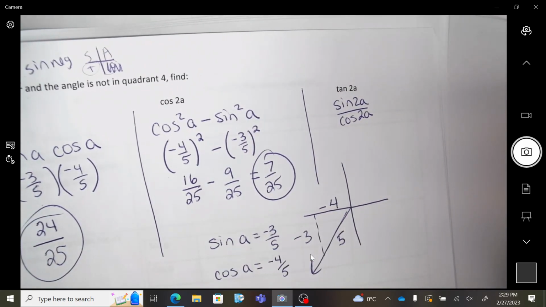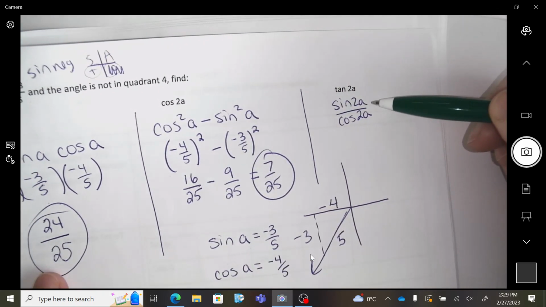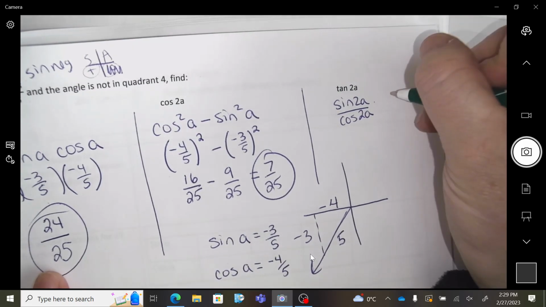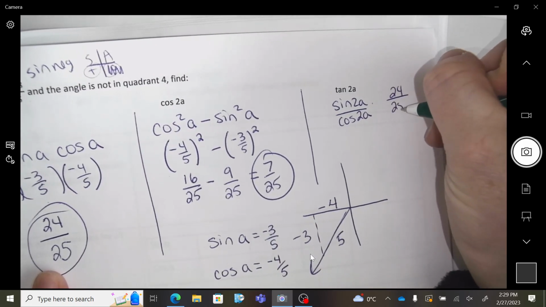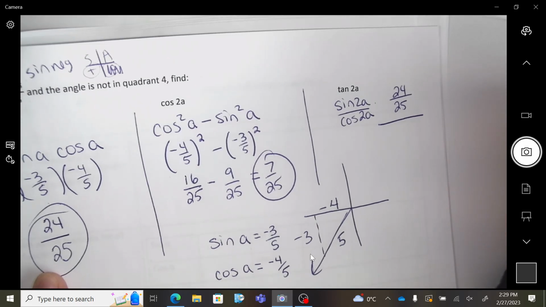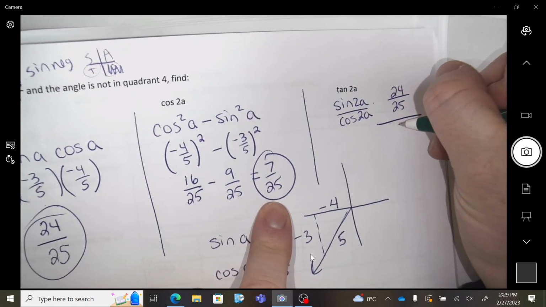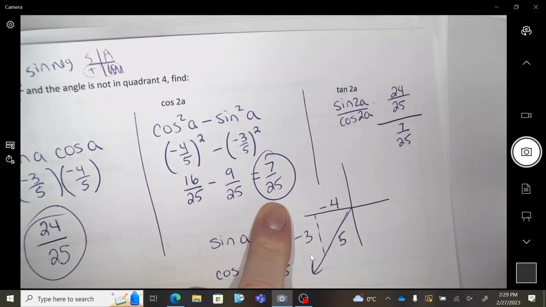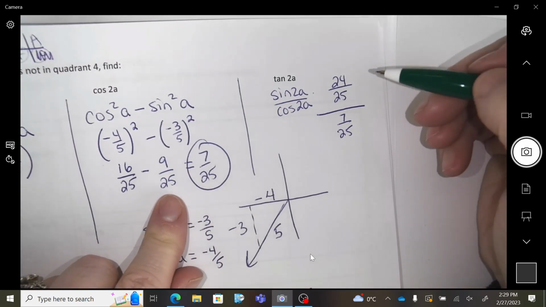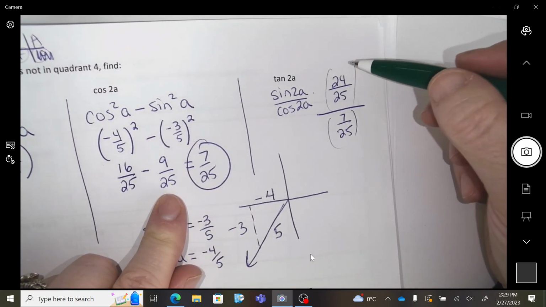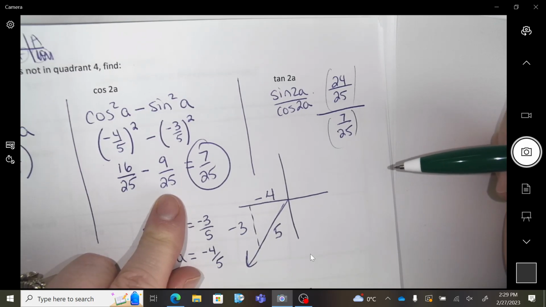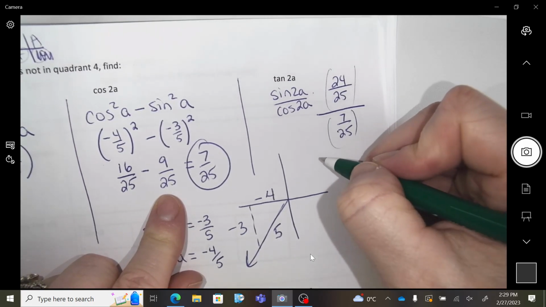Okay, so let's replace. So sine 2A, that was our first one, 24/25 divided by 7/25. What happens when we divide with two fractions? Do you want to flip and multiply?